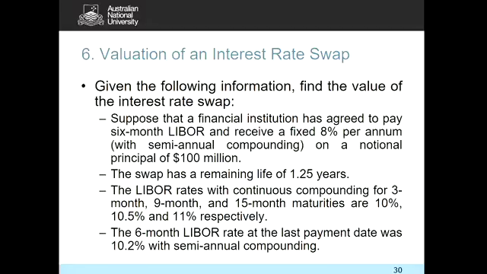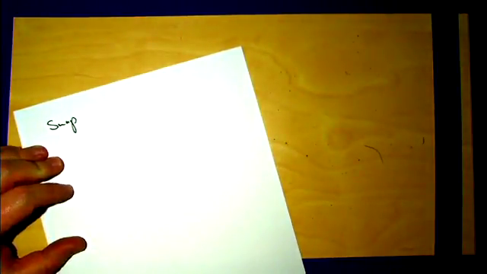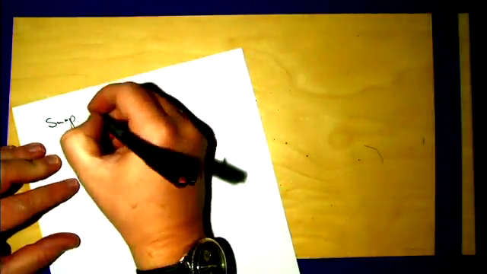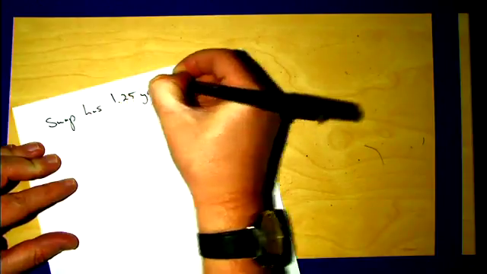You should remember uneven bonds, right? That's what you have here. So you draw a timeline. So we're told that the swap has 1.25 years remaining.